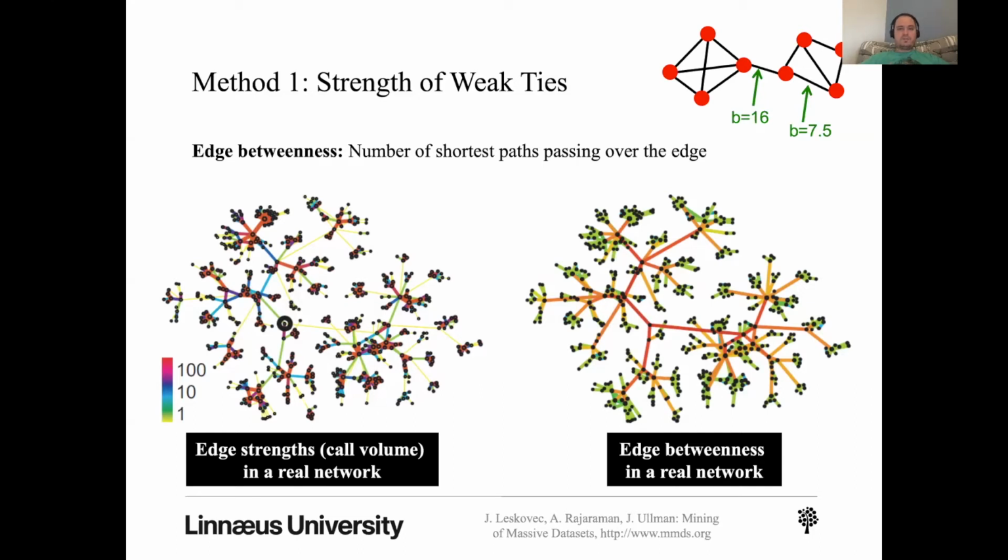So you kind of assume that if you break them, you're not breaking the structure of the communities in general, right? You're actually breaking the connections between the communities, right?